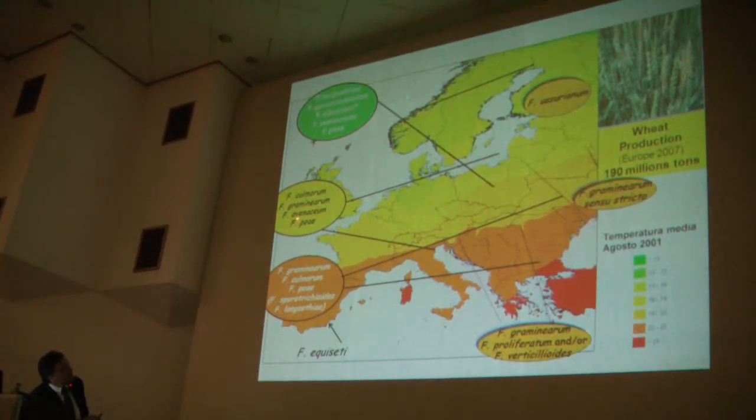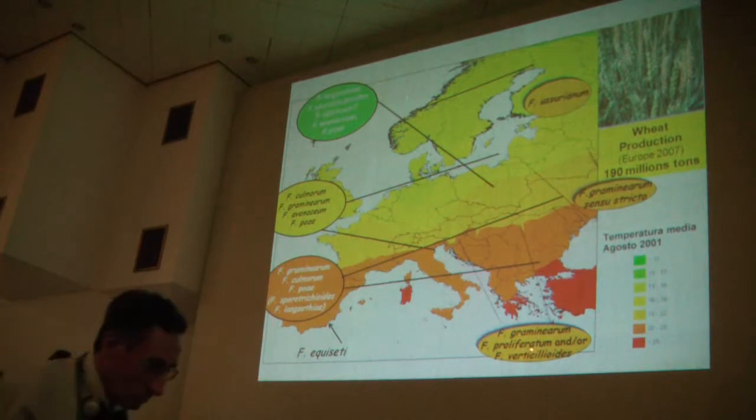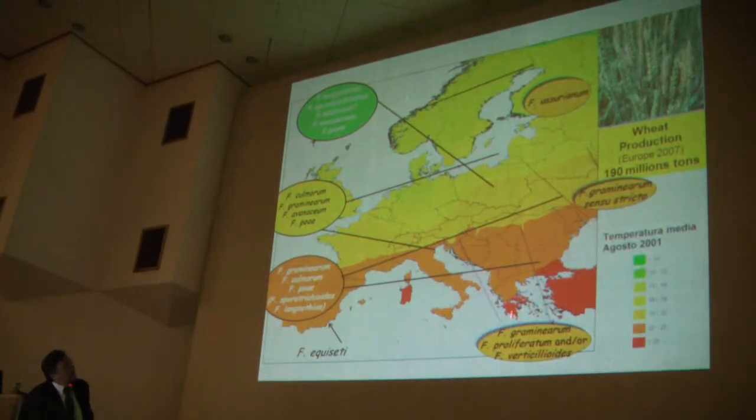We have Fusarium graminearum sensu stricto, which is the main species all over Europe, but Fusarium culmorum is also very frequent in northern Europe. In the south, we have some reports, now talking about Croatia and Serbia, of Fusarium proliferatum and verticillioides as main producing species, together with graminearum. While in Italy, we can have graminearum and culmorum, and in the southern regions, we can also find langsethiae and sporotrichioides.